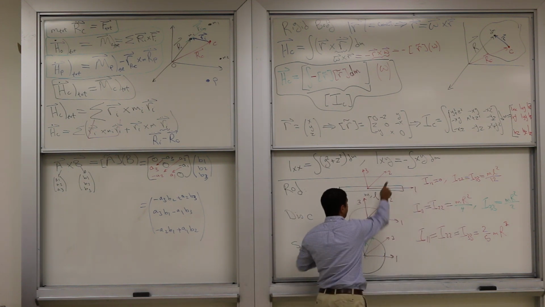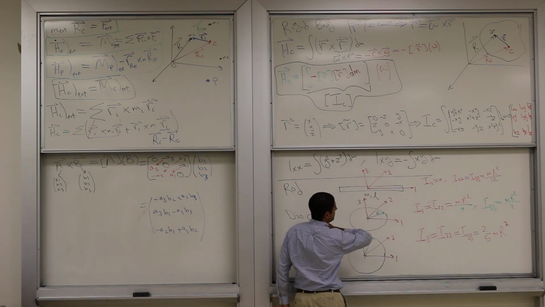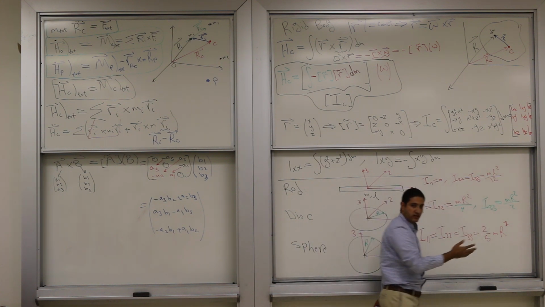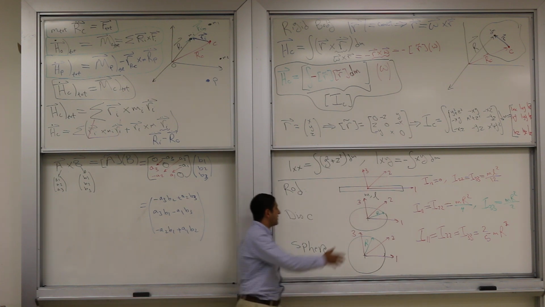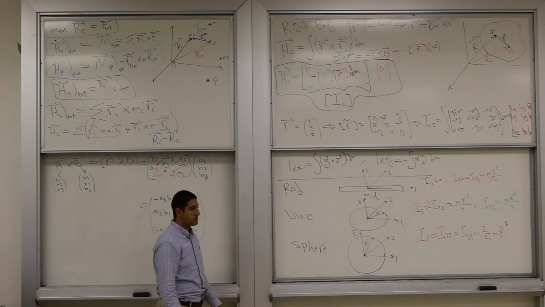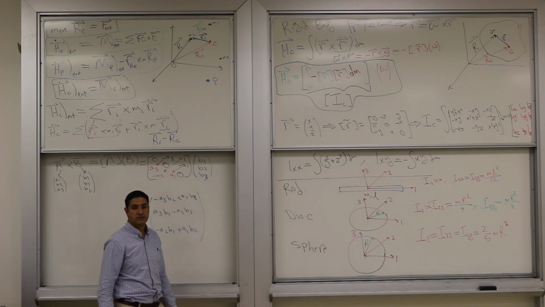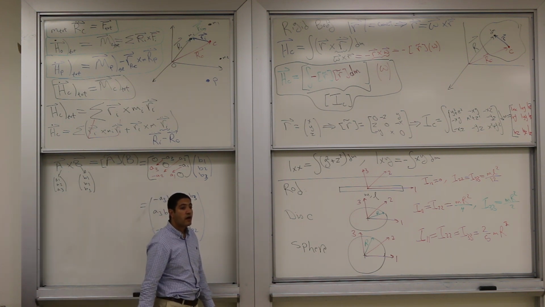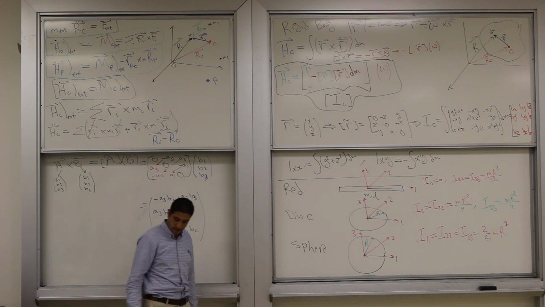What I'm saying is that if you call this 1, then in your notation, I11 will be ml squared over 12. You see what I'm saying? Yeah, but the naming is arbitrary. It's up to you, or you're going to have a problem. Any question? If the 1, 2, 3 is the same as x, y, z in the coordinate? Yeah. The naming is arbitrary.